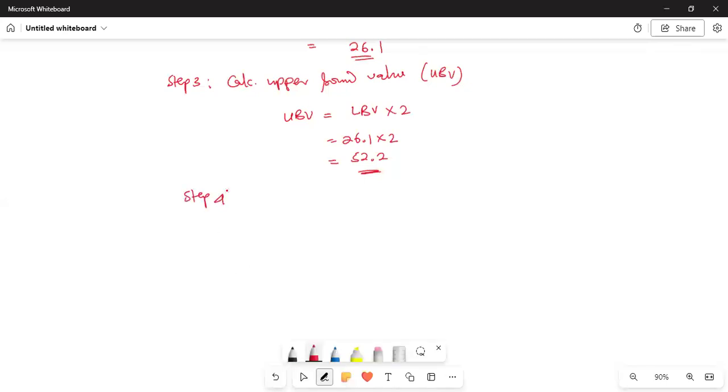Step 4, interval. The interval now is lower bound value mapping onto upper bound value.